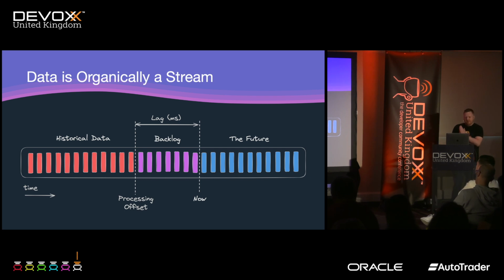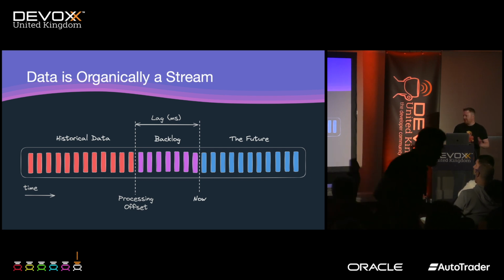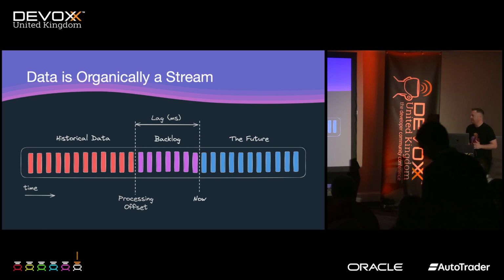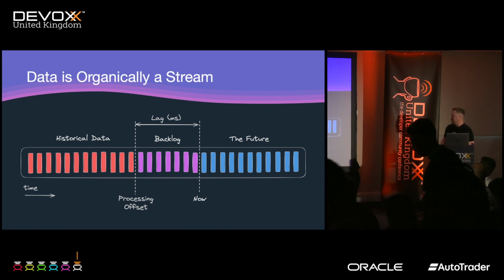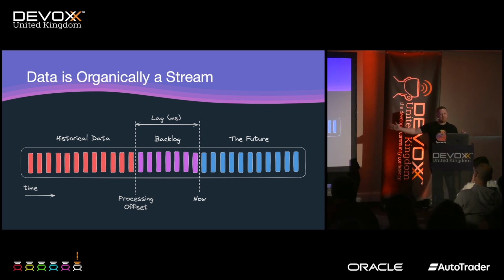When we think about data and time, there are a few different concepts to get your head around. Firstly, we have now. The line on the right is now. This is where we are now. Everything in front of it is the future. This is new, fresh data that we're going to get later. And in the past, we have historical data, and then we have a backlog.